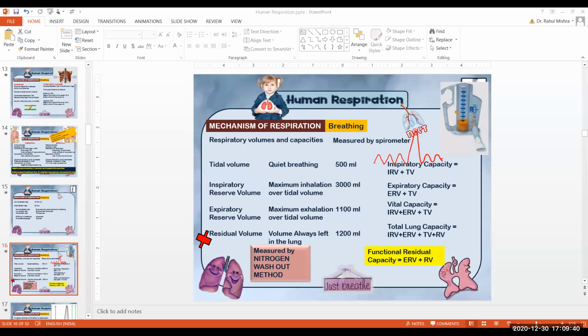Now when you are breathing out and you breathe in, right? You breathe in and you breathe out.